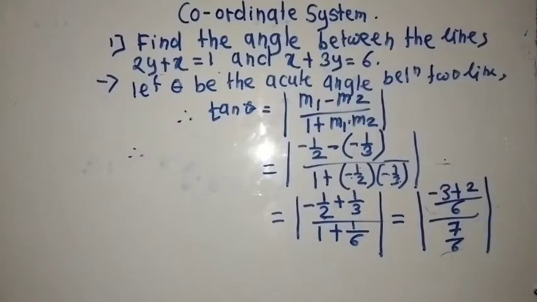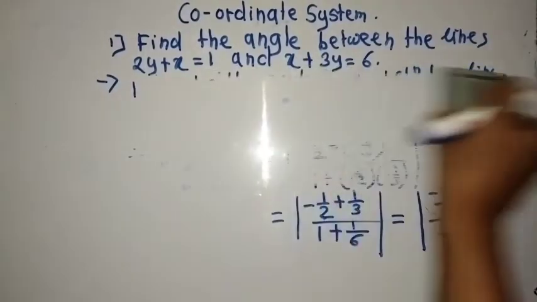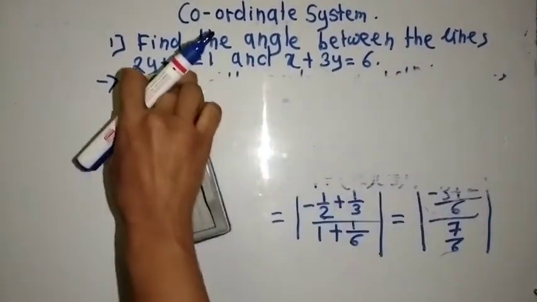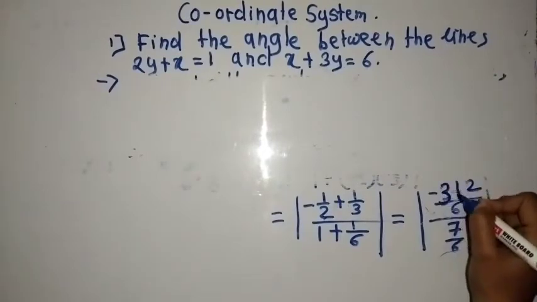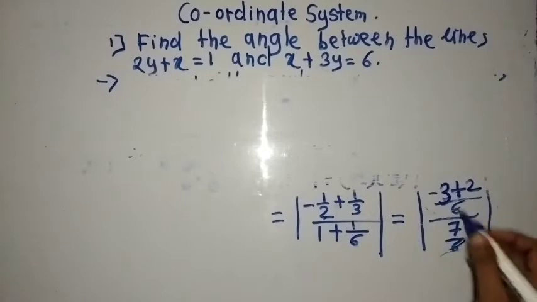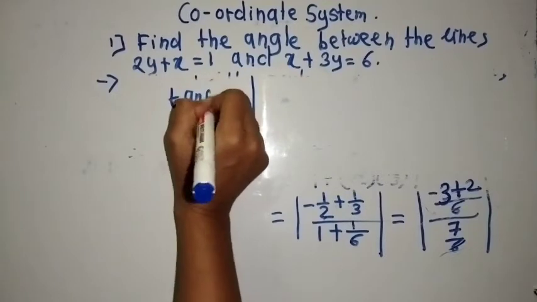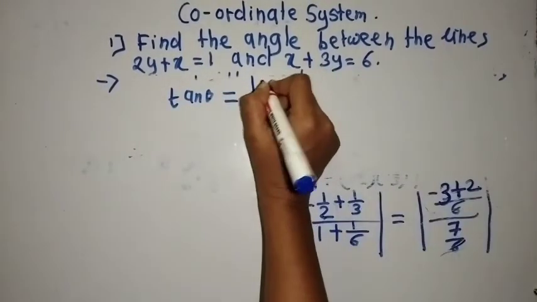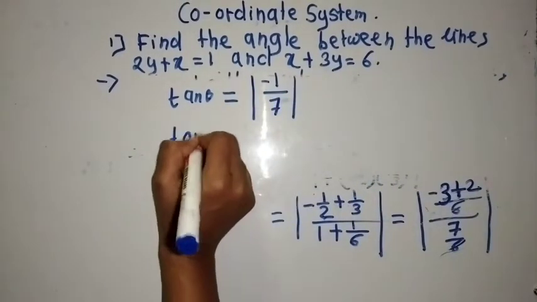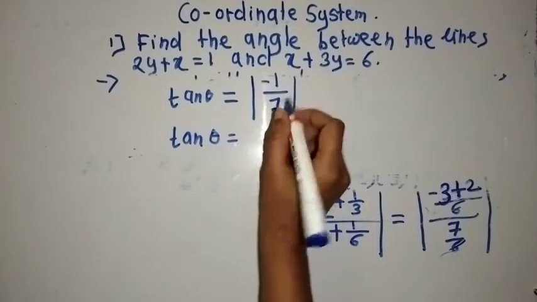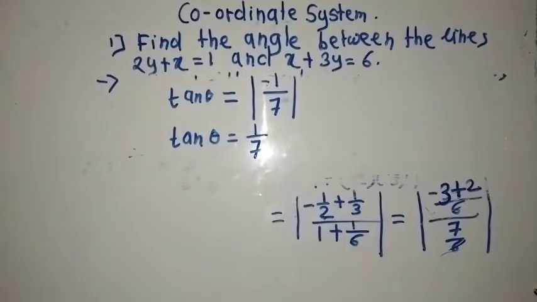Then this 6 and this 6 cancel, and we get the value minus 3 plus 2, which is equal to minus 1 upon 7. But with mod, the minus sign cancels, and we get tan theta is equal to 1 upon 7.